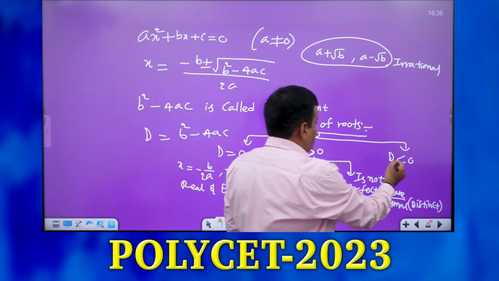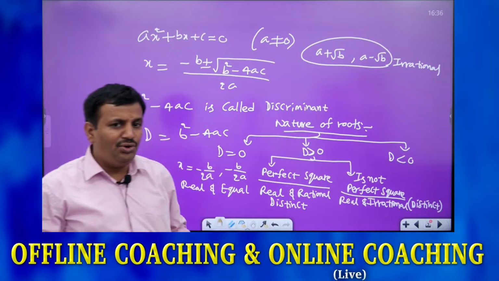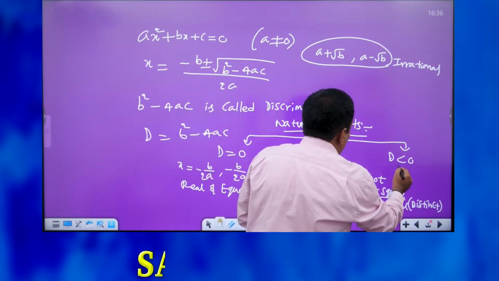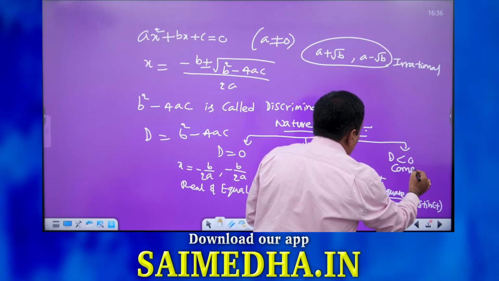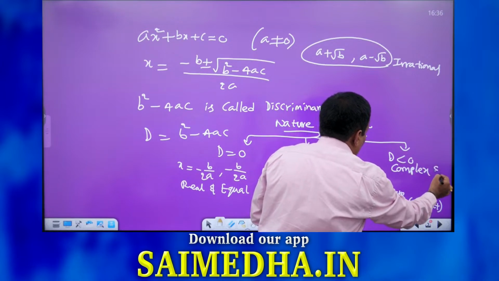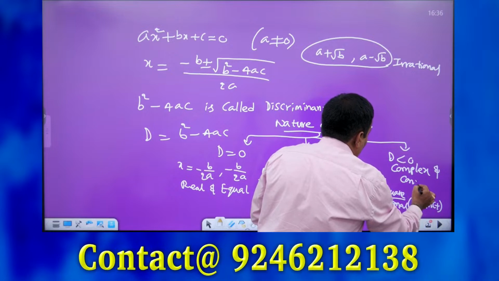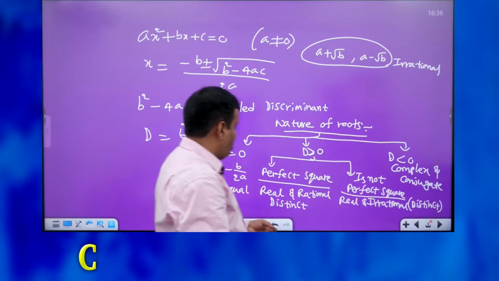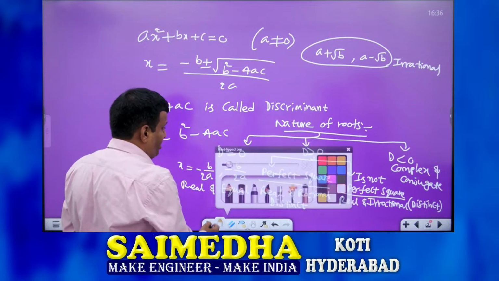If D less than 0, discriminant less than 0, what is the nature of the roots? Complex roots. Complex and conjugate. Remember all these words are very, very important.